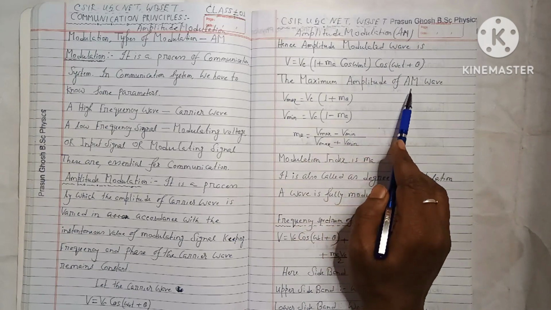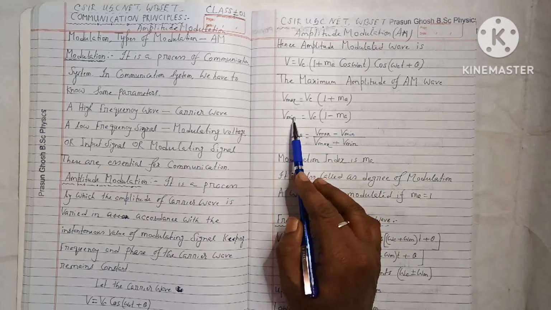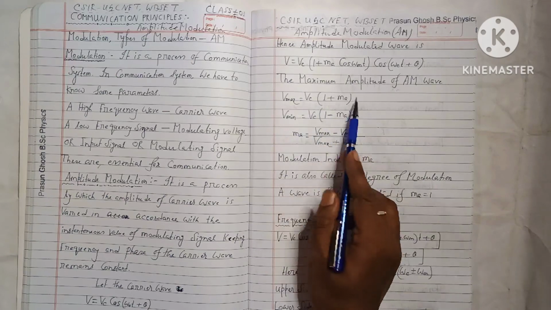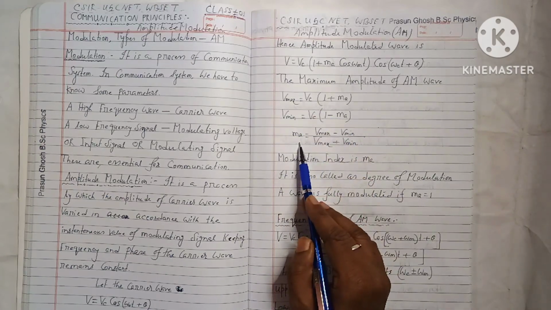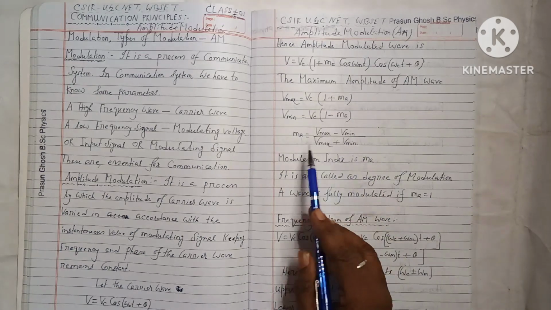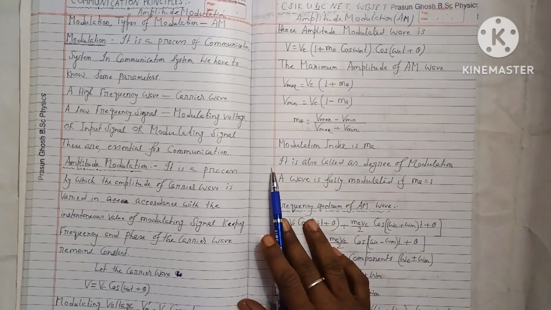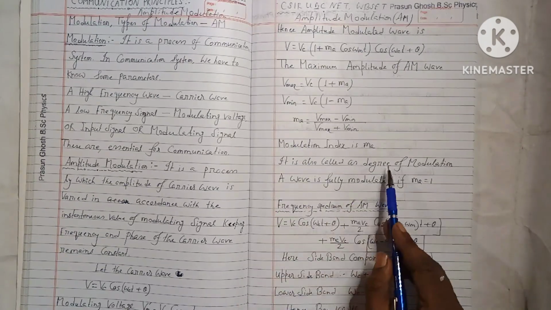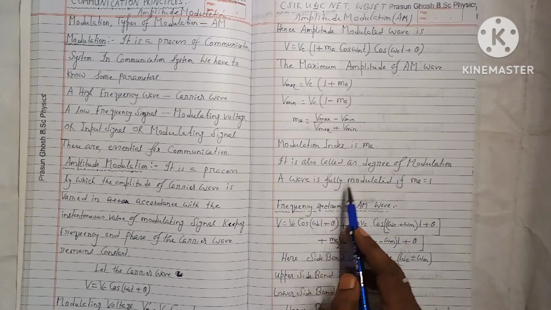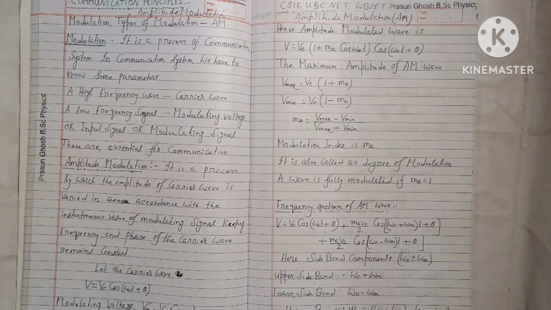Maximum amplitude of the AM wave, Vmax equal to Vc (1 plus Ma), and Vmin equal to Vc (1 minus Ma). So from this equation we get Ma equal to (Vmax minus Vmin) by (Vmax plus Vmin). This is known as the modulation index, also called the degree of modulation. A wave is fully modulated if Ma equal to 1, that is 100%.